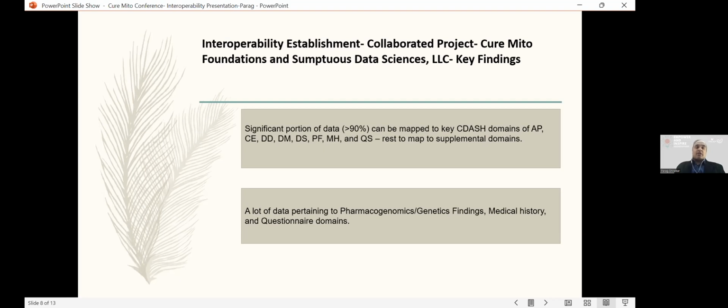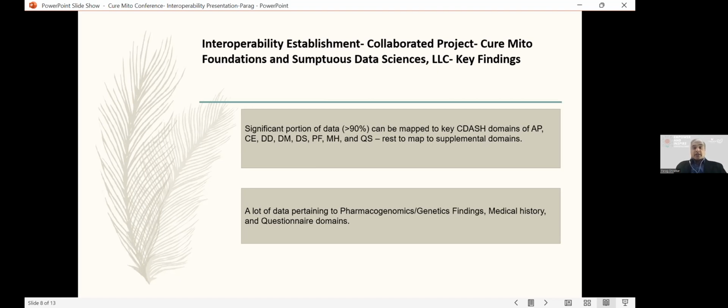So for instance, CE is clinical events, DM is demographic, DS is disposition, MH is medical history, QS is questionnaire. So this is a standard nomenclature developed by CDISC, and this is why standardization is important, because we all can speak in the same language when it comes to data.